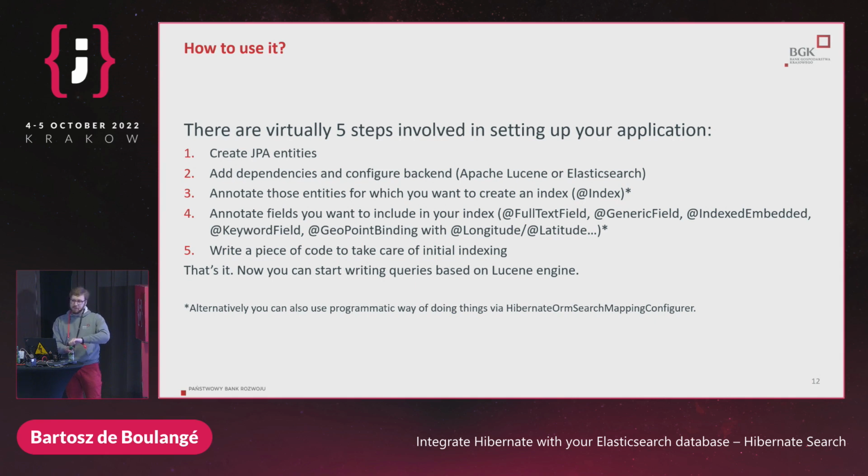And afterwards, when application is already started, everything should be taken care of as long as we use our ORM to update database, because both of them should be updated at the same time as long as we let Hibernate do the work. So that's it. Now we can start writing queries.